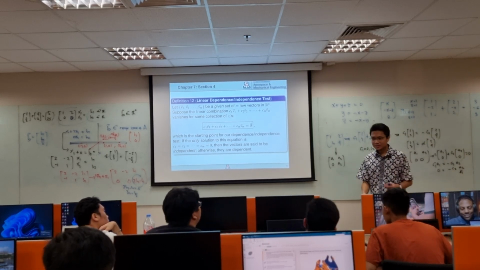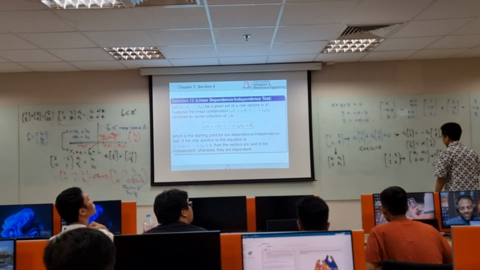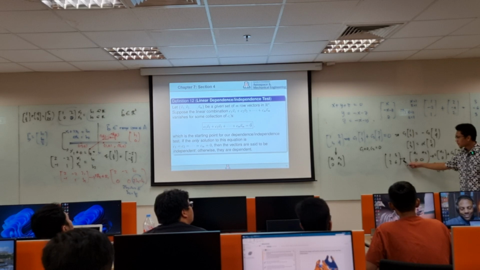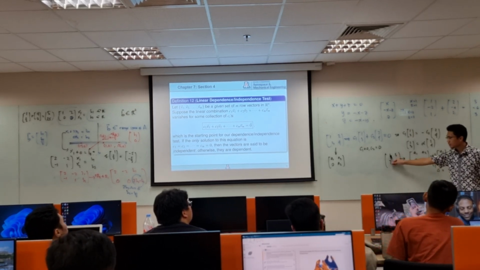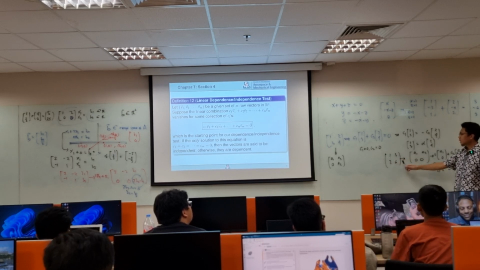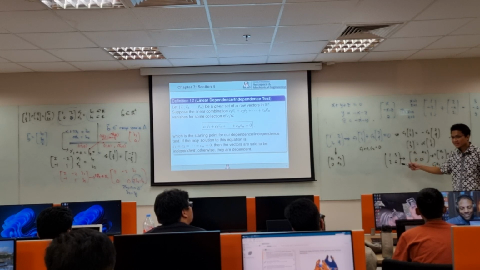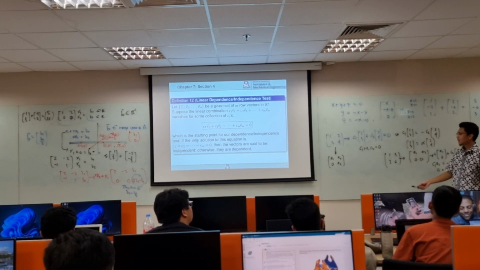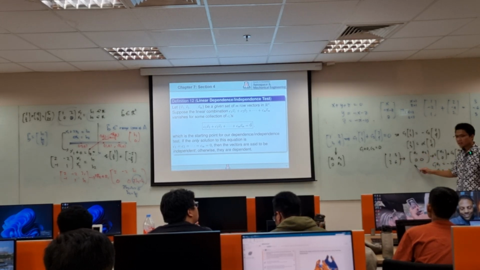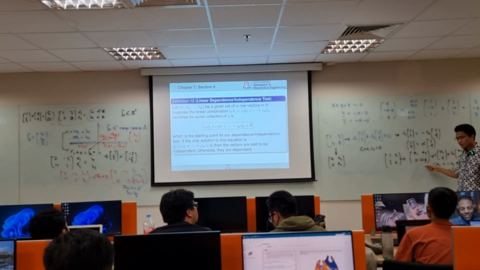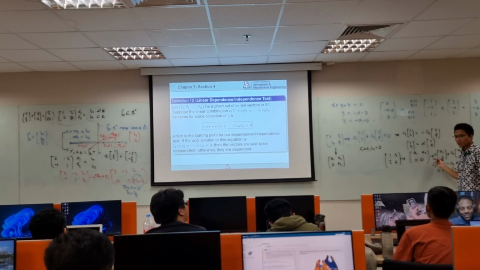You don't get it? I'm asking you, this column is twice of this column, right? Now, because it is twice of that, we know it is linearly dependent. Because it is linearly dependent, we can transform it into a row reduced matrix where one of the rows is all 0.